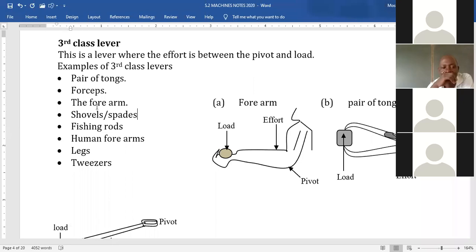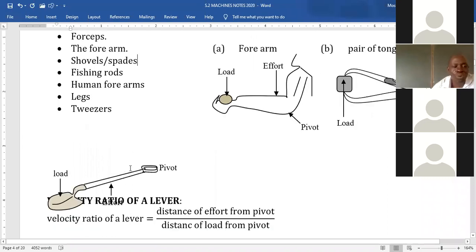No. So these forearms and legs, listen very carefully before we put them in machines, we should think about them carefully. They have that capacity to work, but they are not machines. These things don't simplify work. They're already naturally occurring. You understand? That was an application, but they are not machines, people.